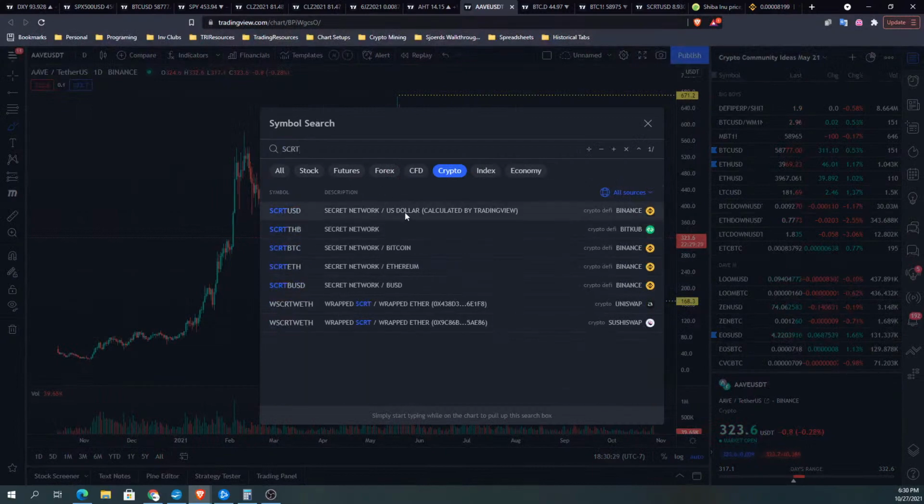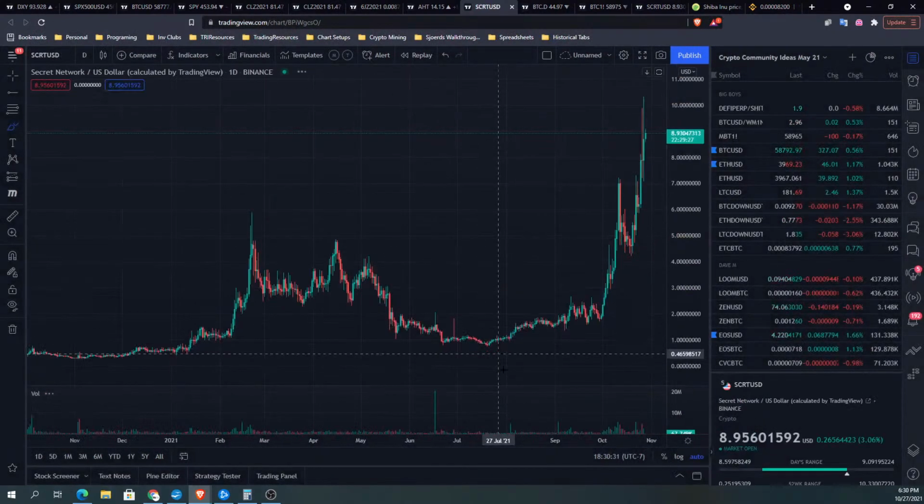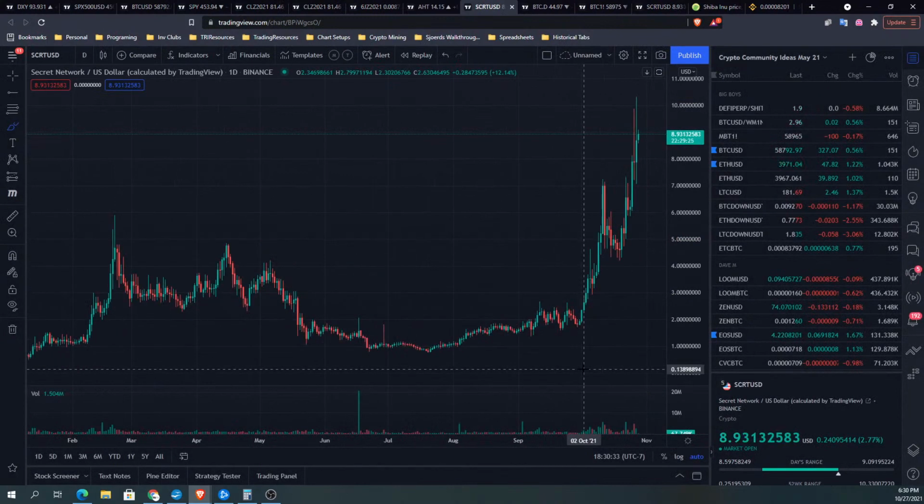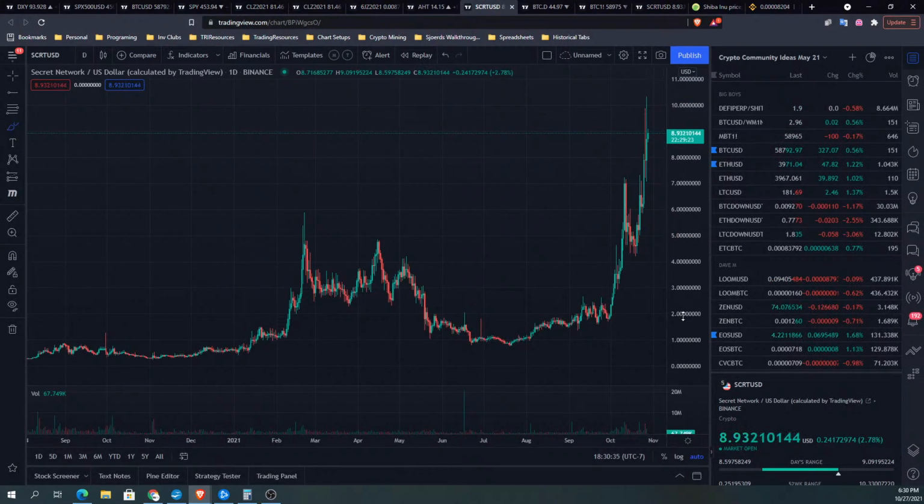Secret used to be Enigma. That's the ENG coin, and then they switched networks. It started out on an Ethereum network, and the goal of the project is to provide privacy smart contracts, where you can do all the computations through the smart contract, and they're all, for lack of a better term, secret, private.